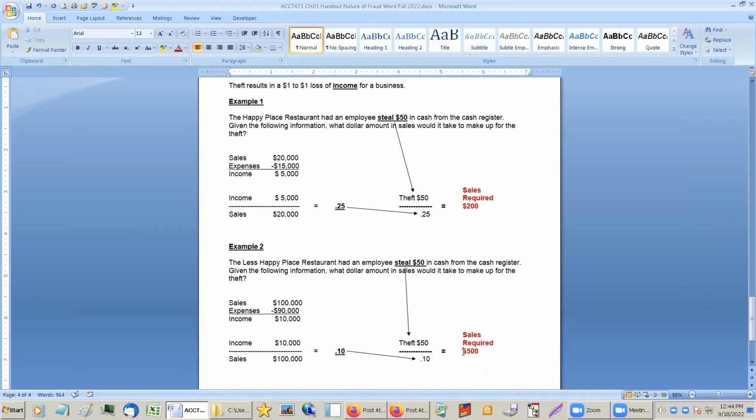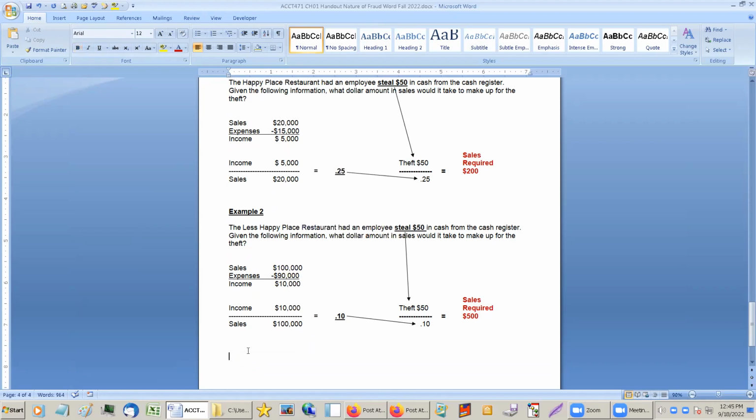So the amount of sales required can change based on what the return on sales is. Okay. And chapter 1 handout.